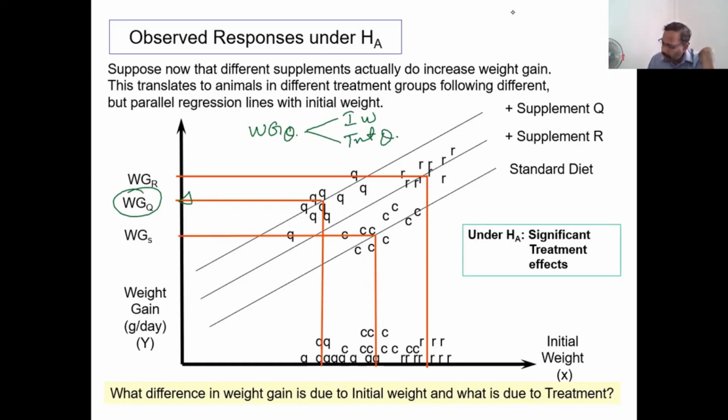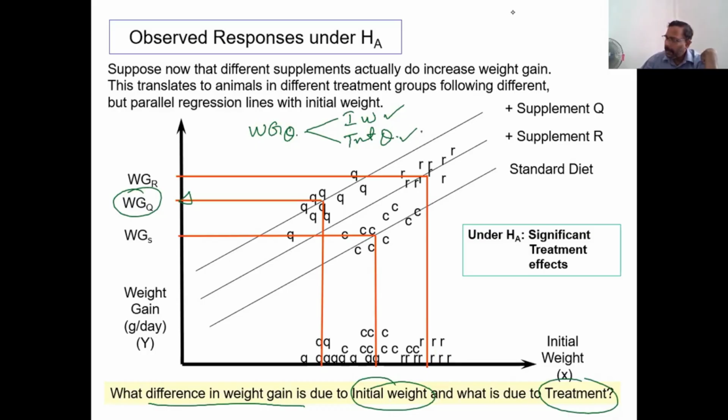Weight gain of Q can be separated. So that is what we say: what difference in weight gain is due to initial weight, and what difference is due to the treatment. This is true for all cases, not only weight gain of Q, but also for weight gain of R and for weight gain of standard diet.